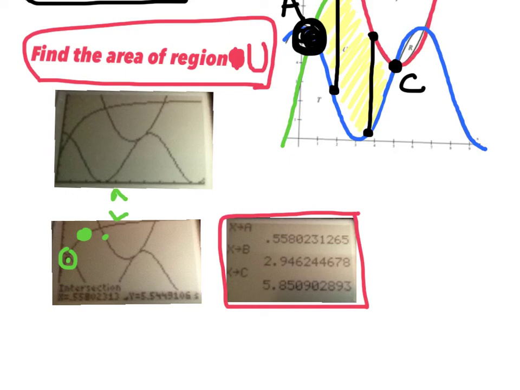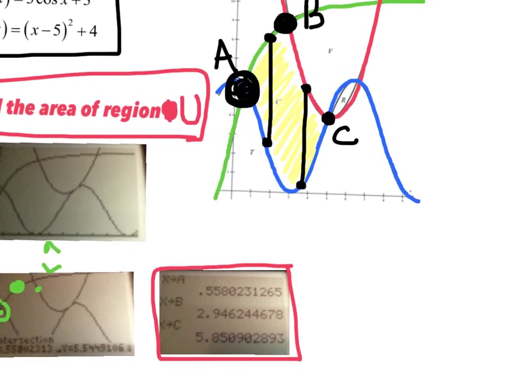Now I can set up my integral. It's going to be a little tricky. I'm going to have to go back and look at my picture. My first upper and lower is going to go from the bounds A to B. So my area equals the integral from A to B. Now be careful who your upper and lower is. My upper is that green line, which was the inverse tan graph.